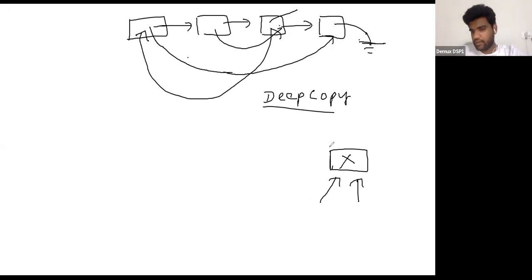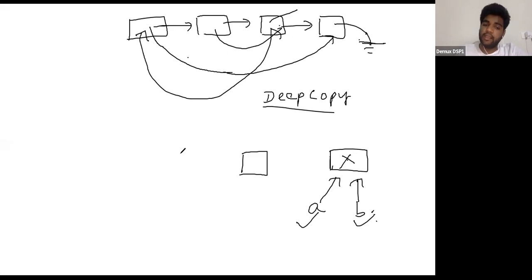So let's say you have a location in the memory X and you are referencing it through A or B. Then you have shallow copies of X at A and B. Whereas a deep copy is an exact replica of that memory that you make at some other location of the memory and then you access it. So then it is called a deep copy.